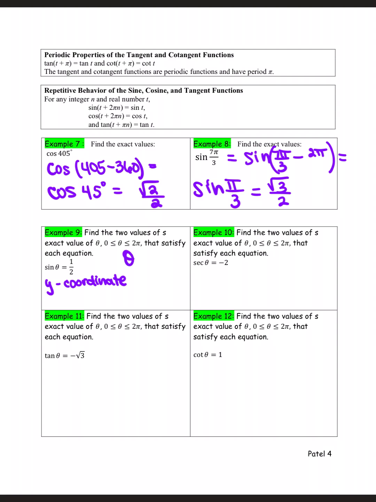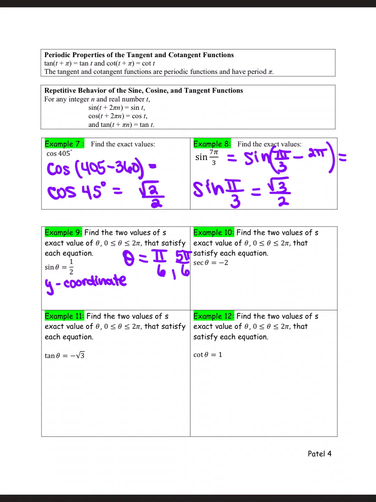So theta in radians is pi over 6, or 30 degrees. And sine of theta is positive, or y is positive, also in quadrant 2. So that would be at 5 pi over 6. Or as a degree, it would be 150 degrees.